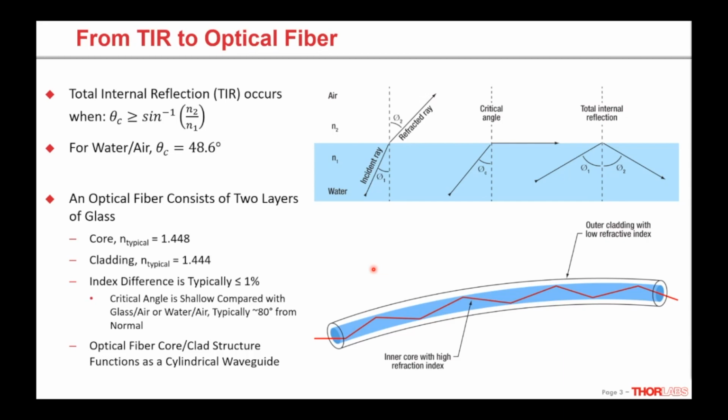And those two glasses are arranged in a structure where the central portion is called the core, and then it's wrapped with a section called the cladding around it. And a light ray can experience total internal reflection on that core to clad interface and be guided along the fiber. So an optical fiber, really how it's functioning, what we could call this is a cylindrical waveguide or radially symmetric waveguide.